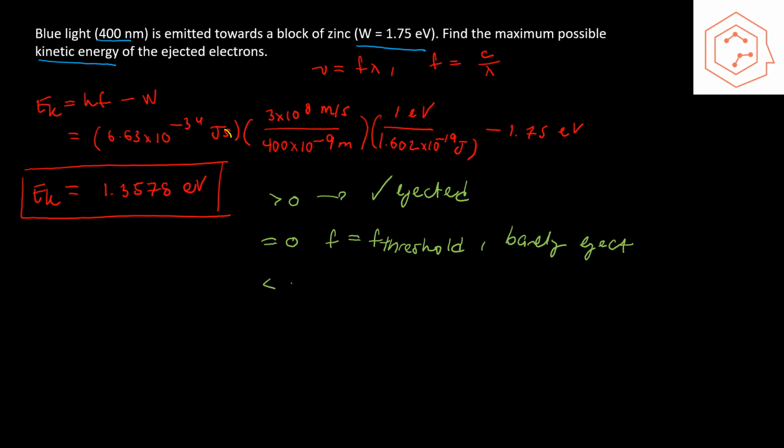And if it's less than 0, that means that the energy of the photon minus the work function is a negative number, which means the photon had less energy than the work function, and so f is less than the threshold frequency, and we don't eject any electrons. So that's useful to know for these questions to see whether the electrons are actually ejected.